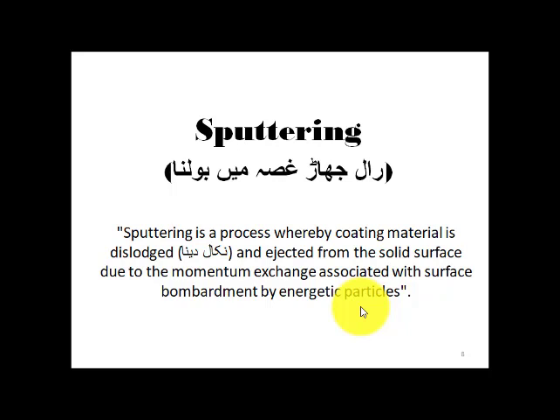So this is a simple definition of sputtering. It is a process in which we eject atoms from the solid surface of a target material by bombarding it with energetic particles. So the removing of these atoms is just like a person speaking angrily.